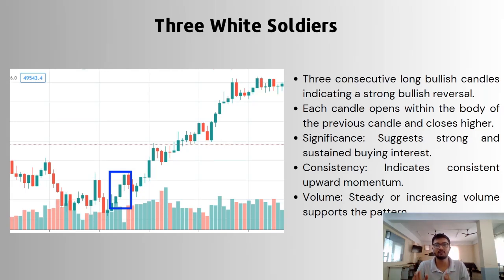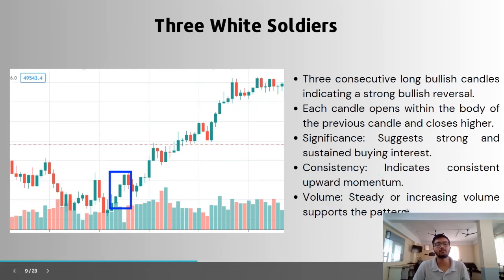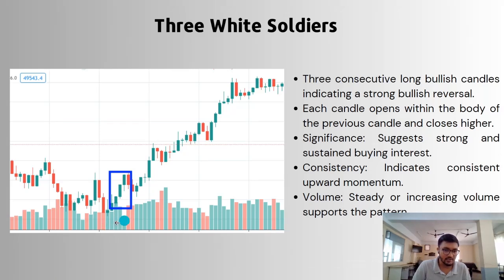So it signifies a strong bullish reversal, and it indicates consistent upward momentum, and steady or increasing volume supports the pattern. You can see the volumes here in the past 3 days increased compared to all the low volume, and after this, this particular stock would have moved up.